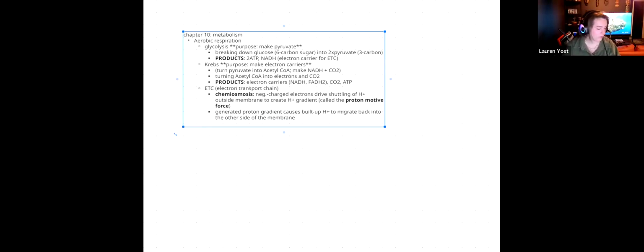That's just what chemistry drives it to do, chemistry and physics. So they'll migrate across the membrane to the other side through the only real viable channel that they can move through, which is ATP synthase.